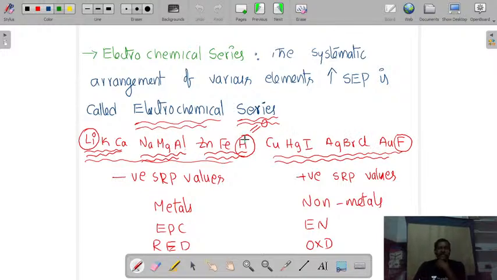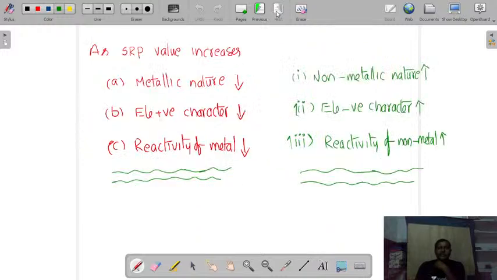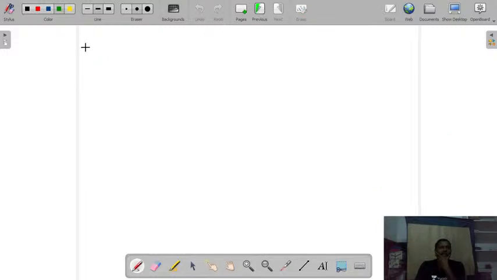Electronegative character increases. So, as SRP value increases, another important feature: electropositive character decreases from top to bottom.